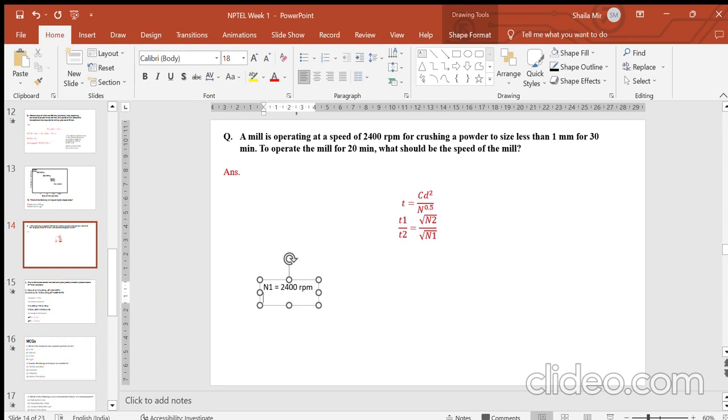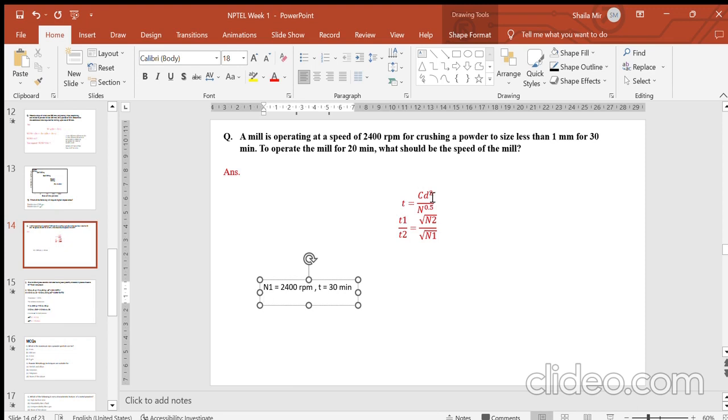Here we are operating a mill at a speed of, say, N1 equal to 2400 RPM, for a time period of 30 minutes.